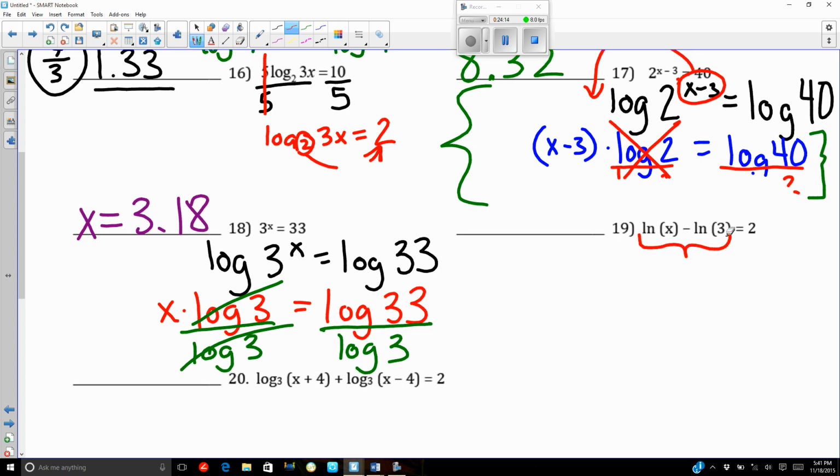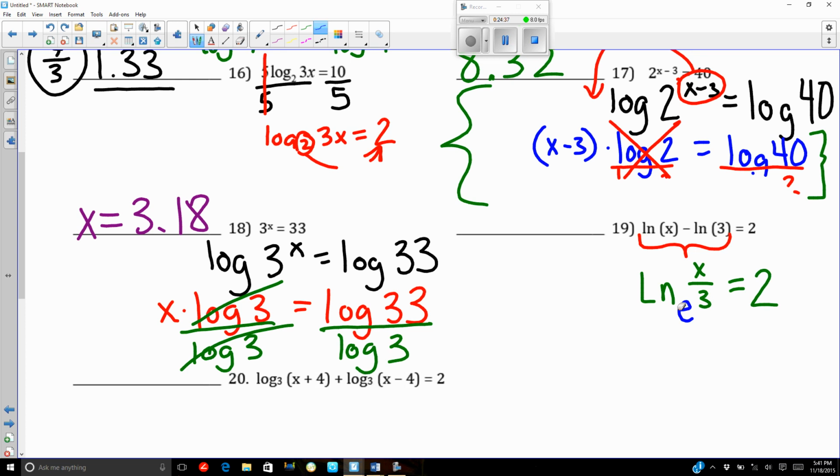Subtraction converts to division. So this is the natural log of x divided by 3 equals 2. It's not given in the problem, so that means the base is e for the natural log problems.